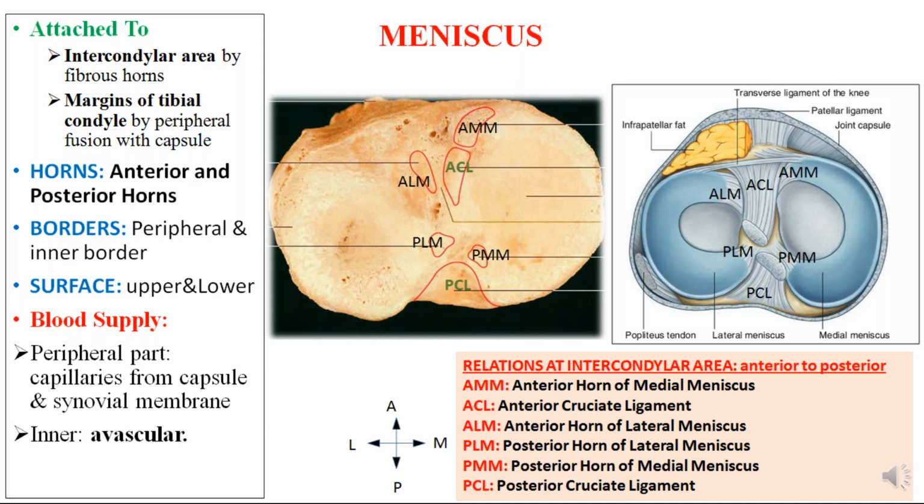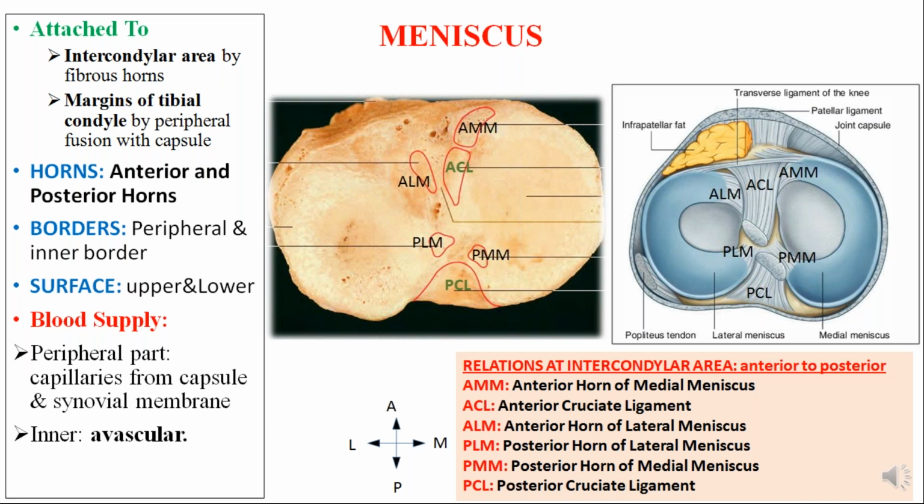So now coming back to the menisci, the blood supply of the peripheral part of the meniscus is from the capillaries from the capsule and the synovial membrane, whereas the inner part of the meniscus is avascular.